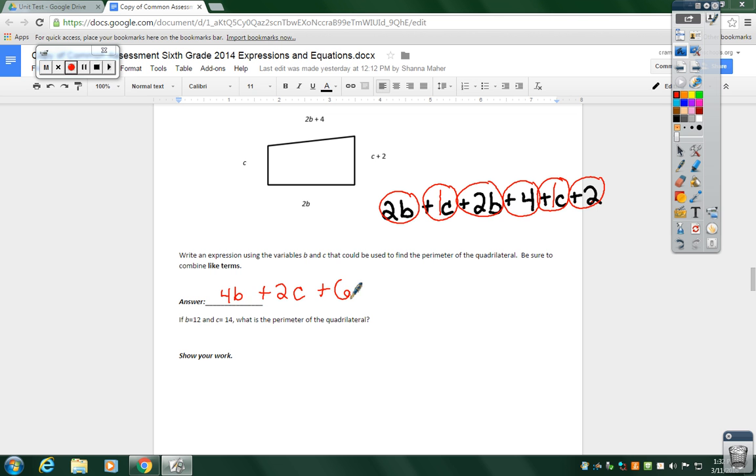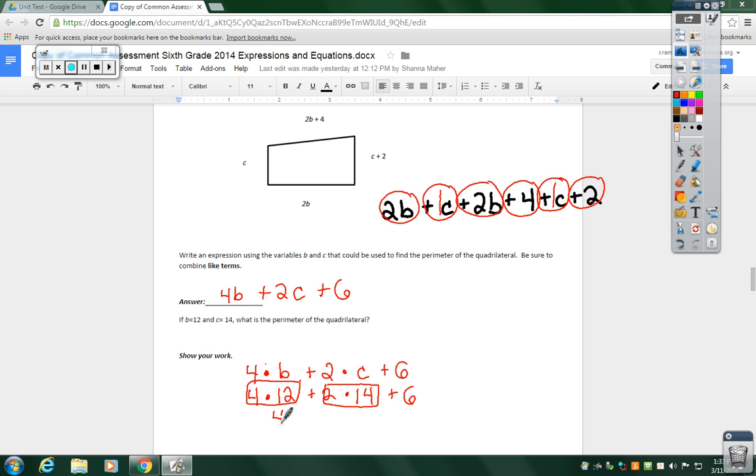Now they gave us numbers to substitute in for our variables. So I'm going to rewrite my expression first. But you know what? I'm going to expand it with a dot. That's going to remind me that multiplication is going on in that term. So it's 4 times 12 plus 2 times 14 plus 6. If I follow the order of operations in this expression, it's going to tell me to do my multiplication first.